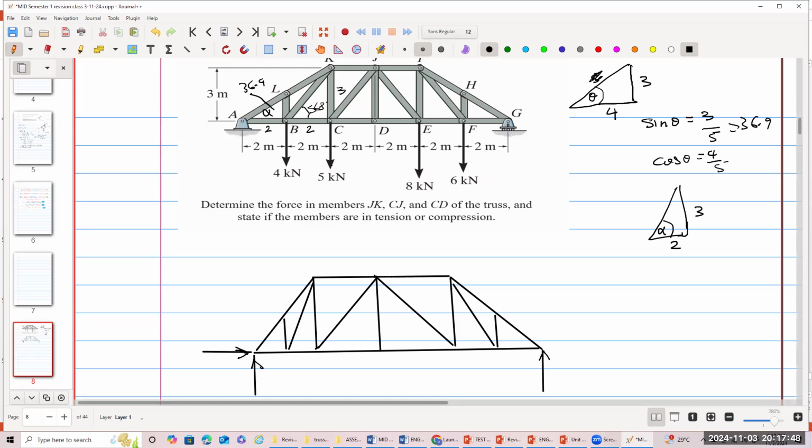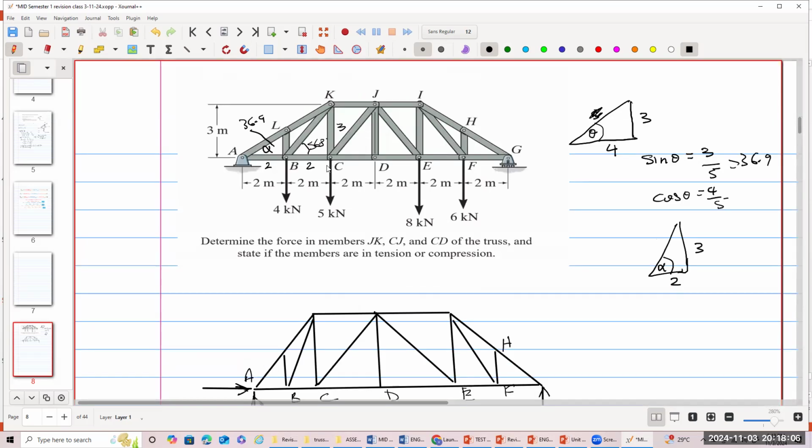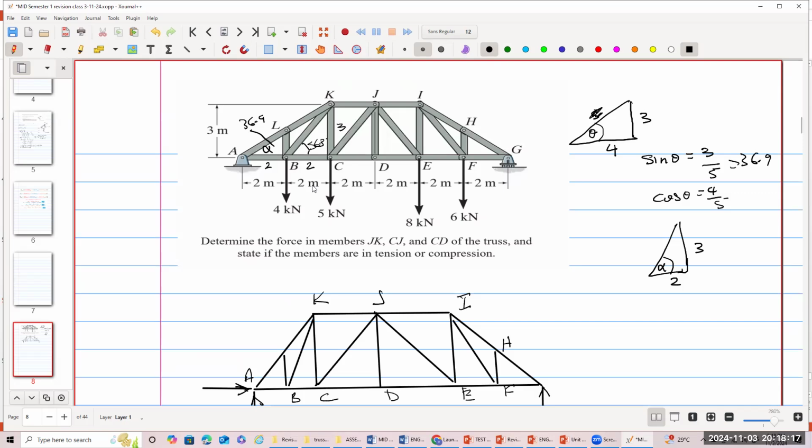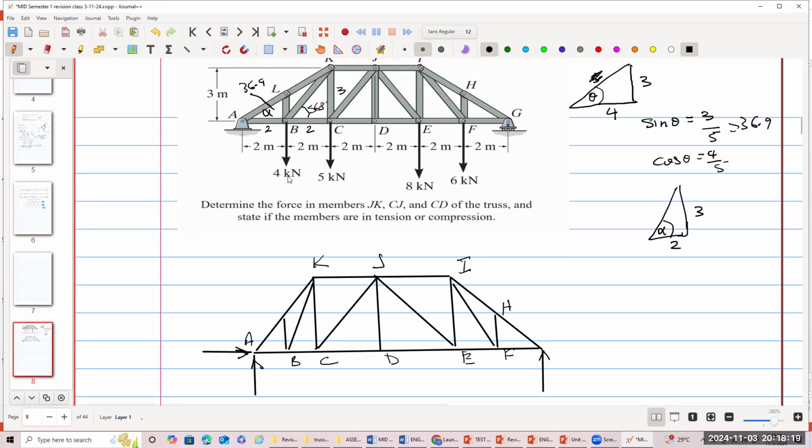So now the labeling: this is A, B, C, D, E, F, H, and up at the top is I, and this is J, this is K.